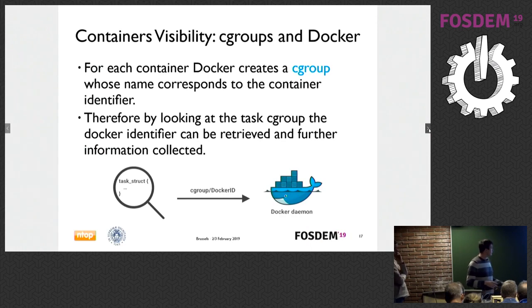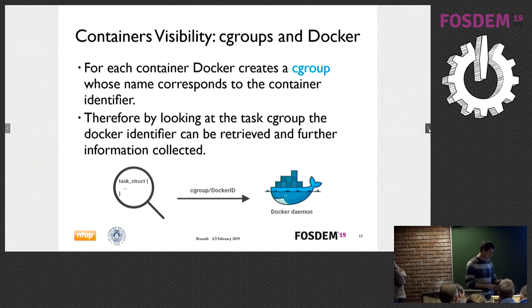To provide visibility concerning containers, we use the cgroup that we collected from inside the kernel to interact with the Docker daemon, with the Docker API, and gather information concerning the container. This can be done because the cgroup identifier that we extracted from the kernel structure and sent to user space is the same identifier that Docker uses to track containers.